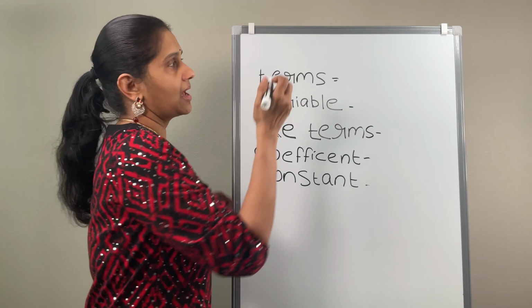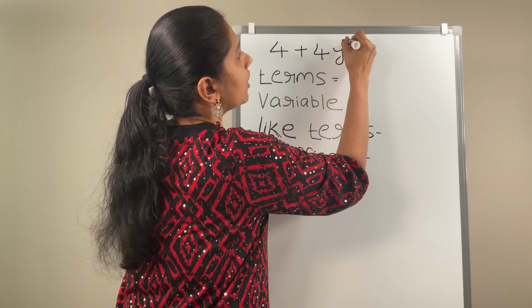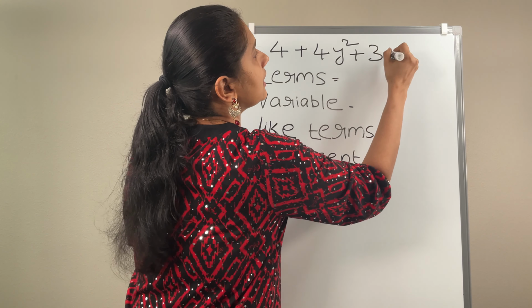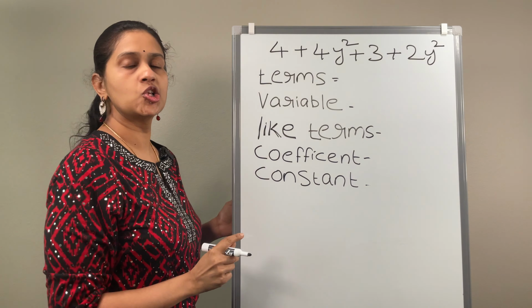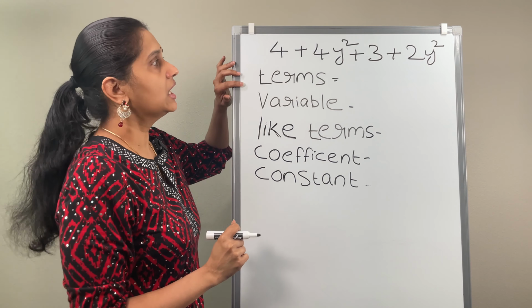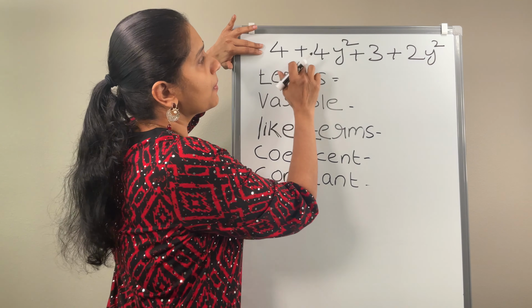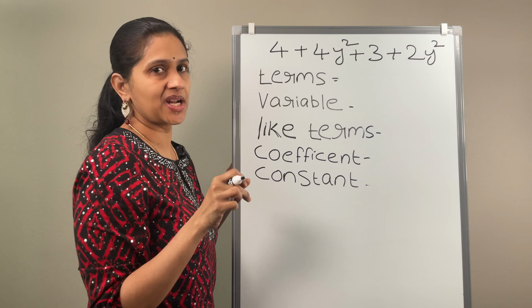Consider another example: 4 plus 4y square plus 3 plus 2y square. Consider this algebraic expression. Let us see what all the terms of this expression are. Terms, as I told you, are the parts of an expression which are separated by an addition or subtraction sign.